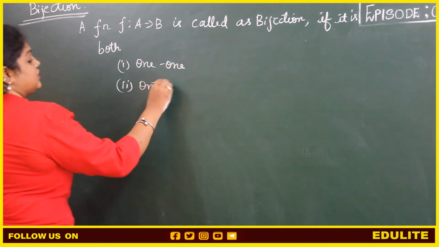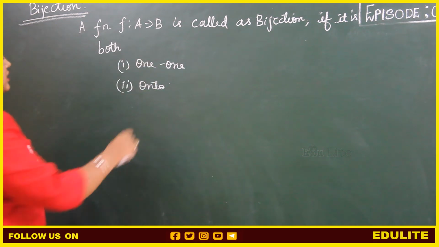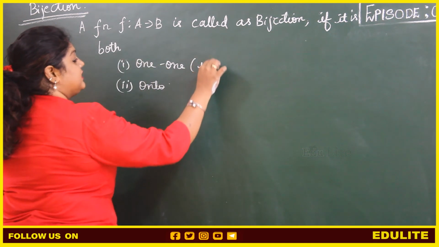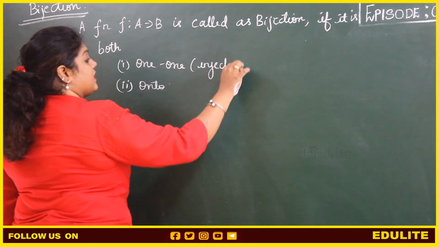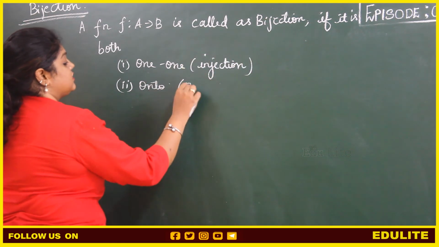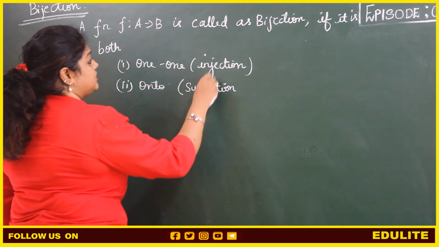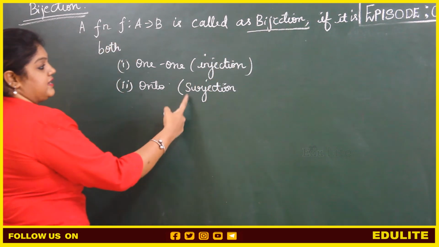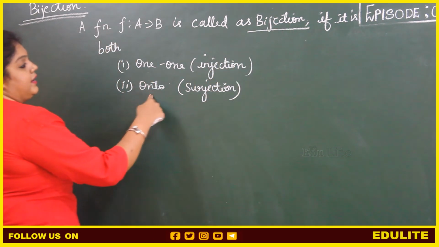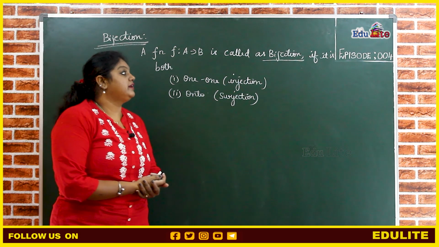So if the function is one-to-one and onto, then we call it a bijection. One-to-one and onto means injection and surjection, because one-to-one is called injection and onto function is called surjection. Bijection is both injection and surjection, which means one-to-one and onto. If a given function satisfies both these conditions, then we call it a bijection.